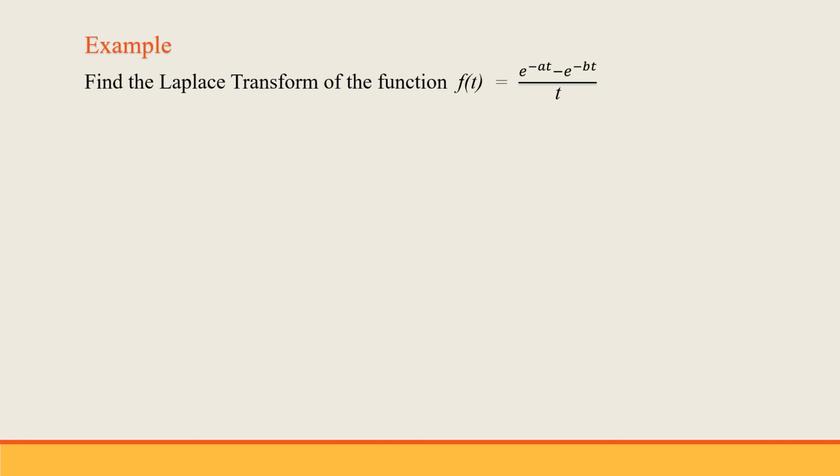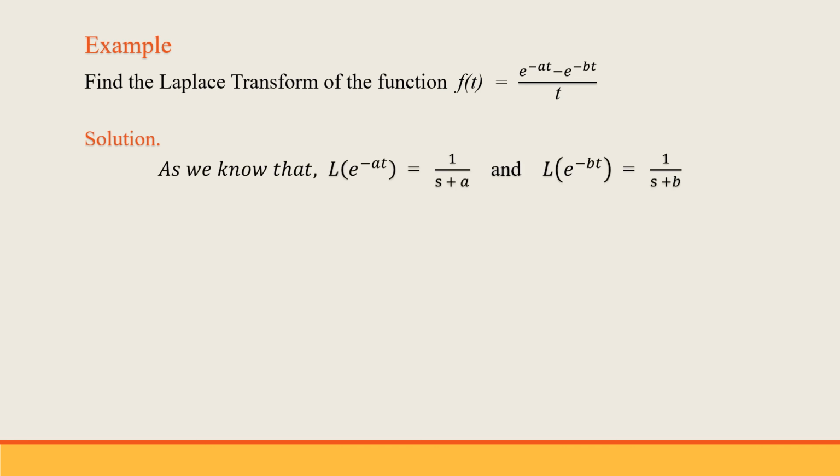Let's do one more example on the division property. Example: find the Laplace transform of the function e raised to the power minus at minus e raised to the power minus bt, by t. Okay, so let's do the solution. As we know, the Laplace transform of e raised to the power minus at is 1 by s plus a, and the Laplace transform of e raised to the power minus bt is 1 by s plus b.